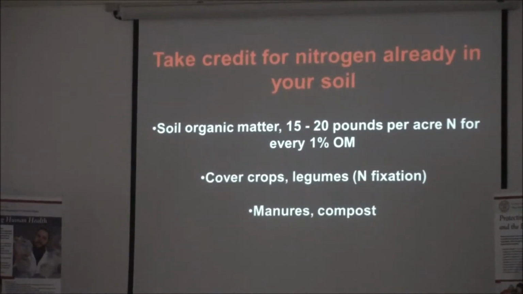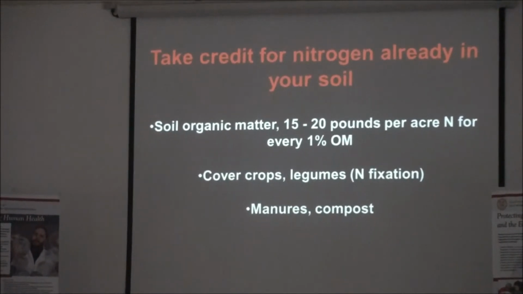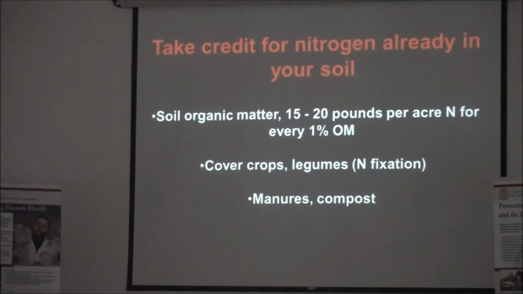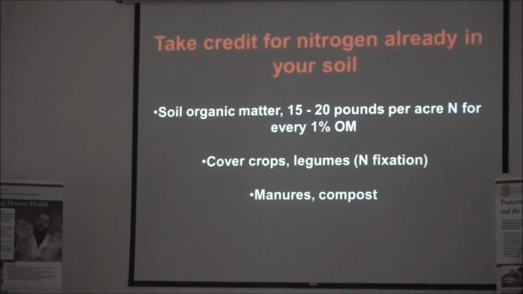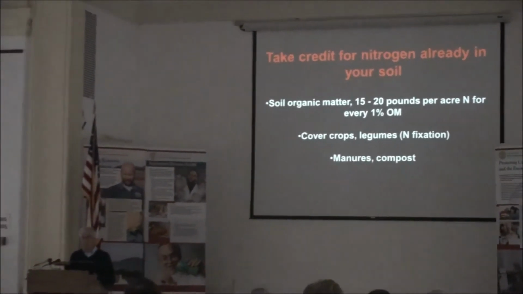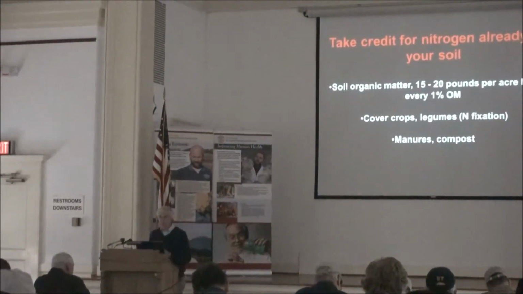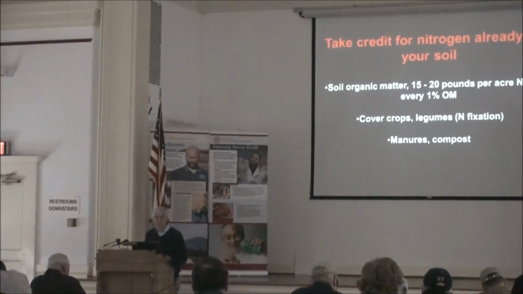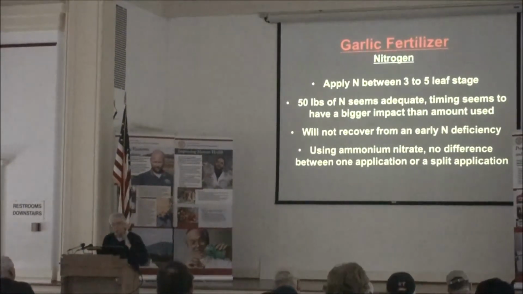And I know for many of the garlic growers who really have some excellent soils out there, you might be looking at 3.5 or 4%. And with that, you're looking at 50 to 60 to 80 pounds of available nitrogen that's going to be available to that crop. Do you have any legumes or cover crops that were turned in? What was the nitrogen content of any of the manure or compost that you used? So the soil organic matter is a key.